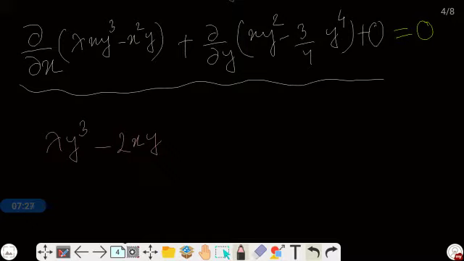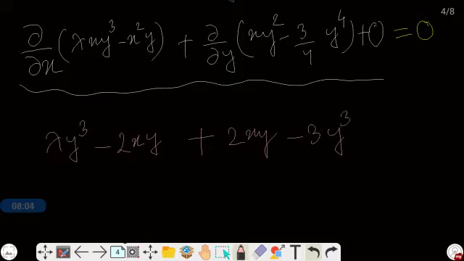I think it is clear. Plus, for v, we partially differentiate with respect to y. The first term gives 2xy, yes or no? Then the second term gives minus 3y³.